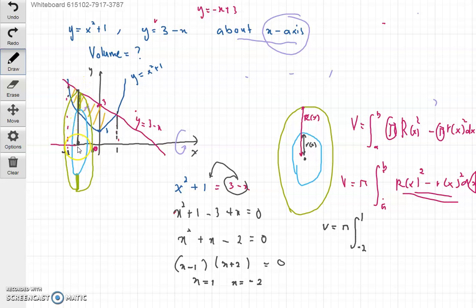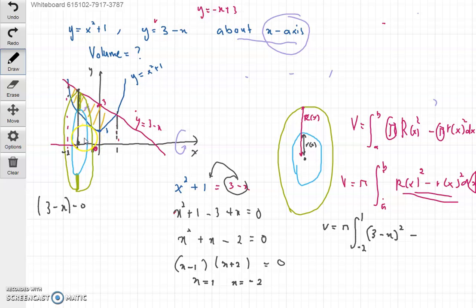The bottom one will be y equals 0. The top one will be y equals 3 minus x. So it will be 3 minus x minus 0, the upper point minus the lower point. You are going to get (3 minus x) to the power of 2, for the value of your big R, minus the small r.